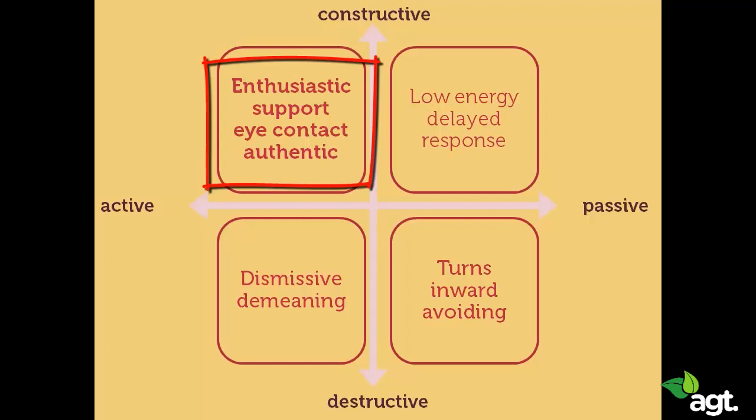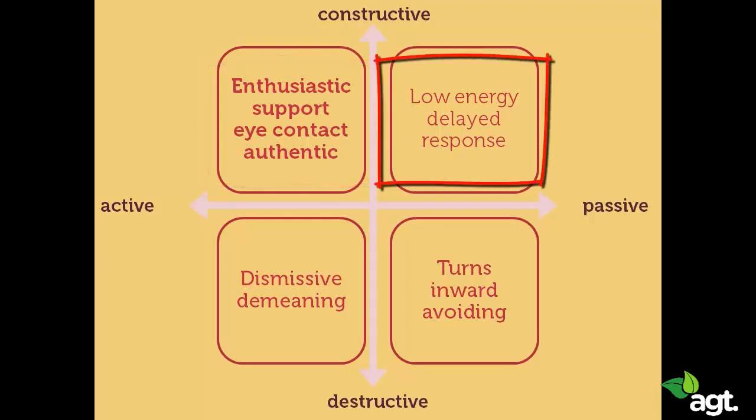Active constructive responding would be, that's great, that's awesome, tell me more about it, I know you've been working so hard for it. Wow, so where were you when they told you? Tell me exactly, tell me everything about it. You are enthusiastic about it, you maintain eye contact, and you display positive emotions. This is what's called active and constructive, and this is what makes relationships flourish.